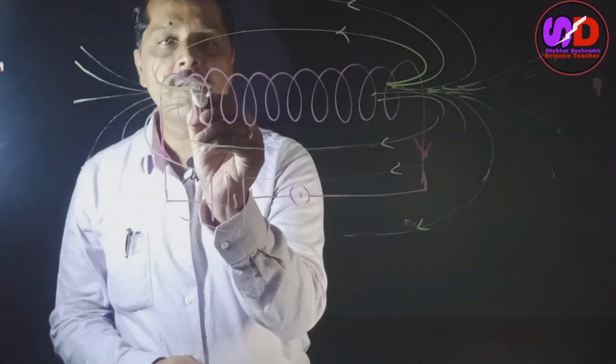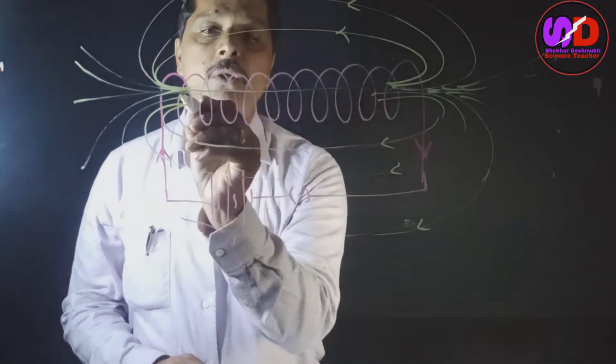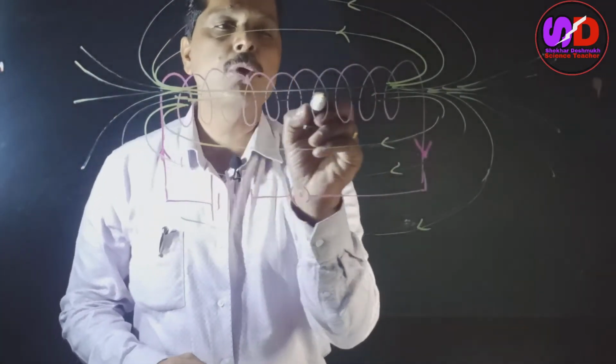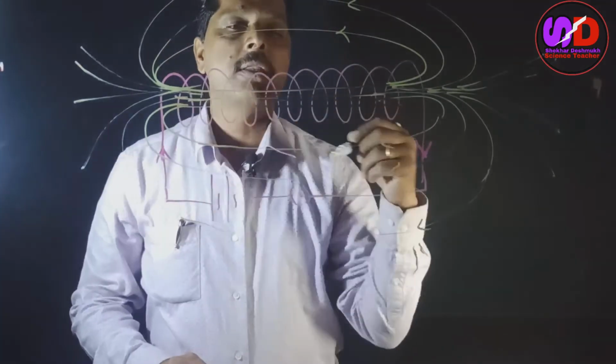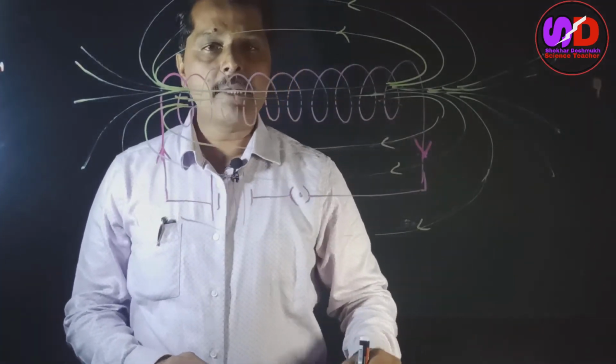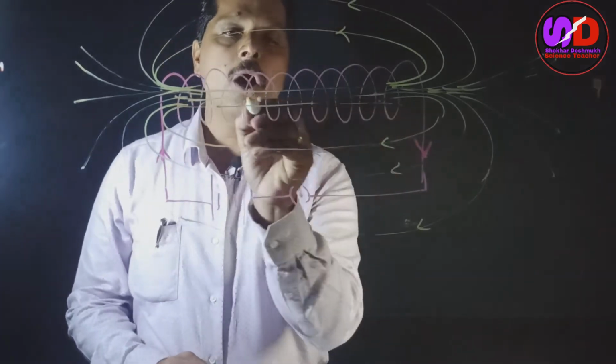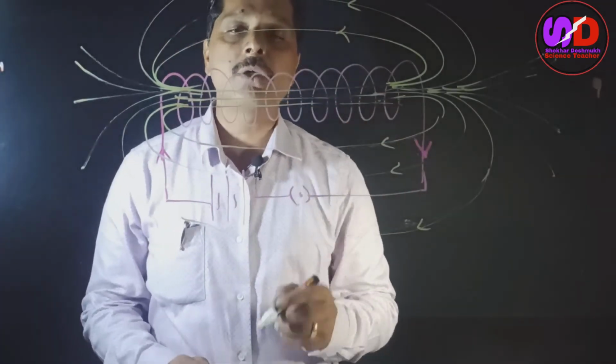But if we think of the center of the solenoid, if we go through it, then all these lines are parallel to each other.